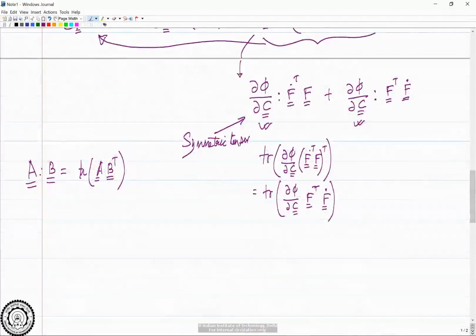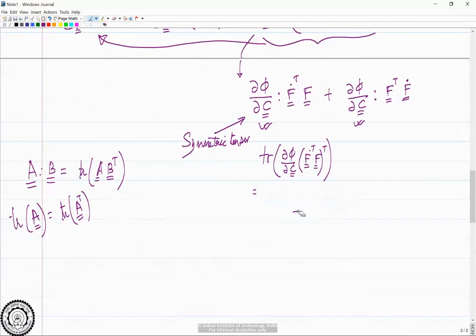Now you also know that trace of A is equal to trace of A transpose, isn't it? So here also we can say this is equal to, let me continue this right here.